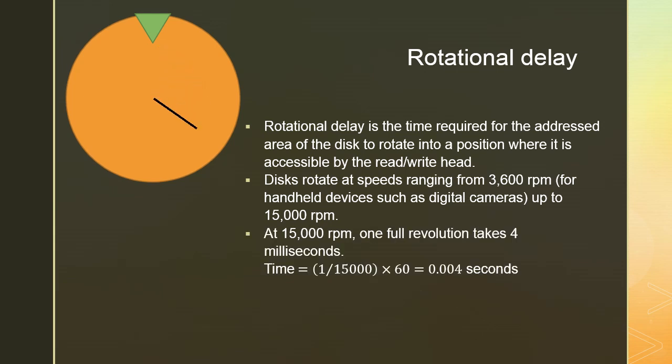At 15,000 rpm, there is one revolution per 4 milliseconds. We take the reciprocal of the revolutions per minute and then multiply by 60 to get the time of a revolution in seconds. So in 4 milliseconds, I can rotate the disk 360 degrees.